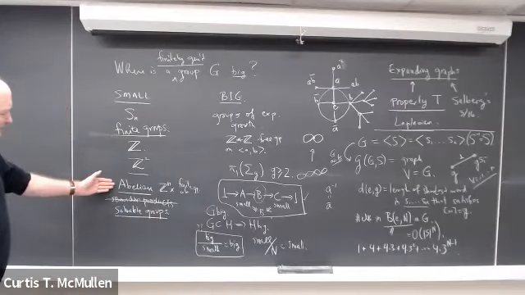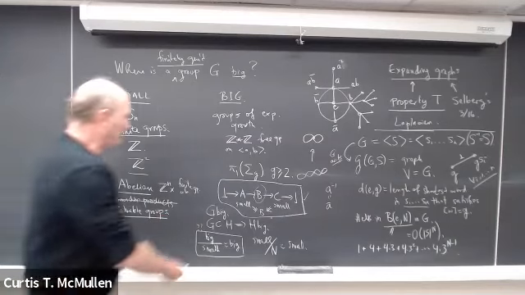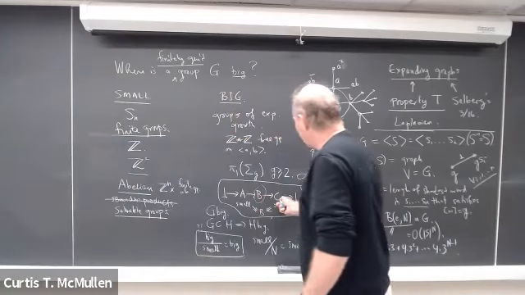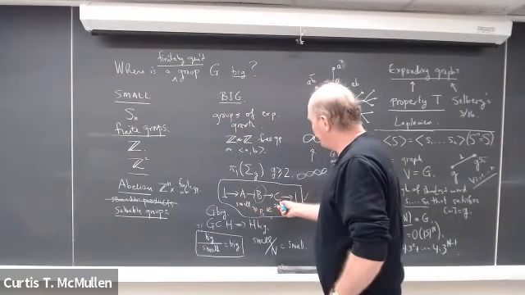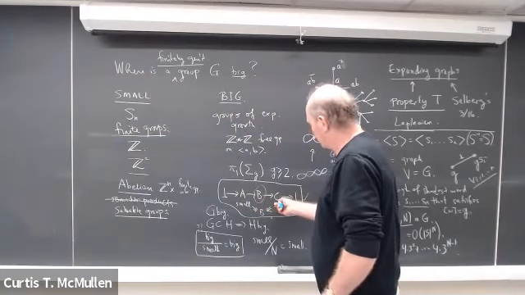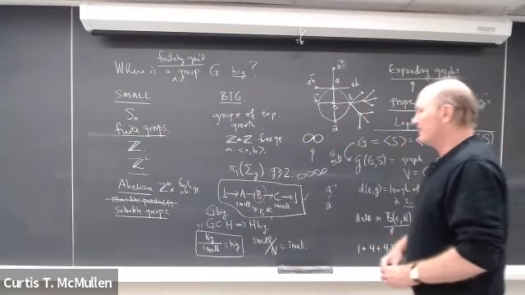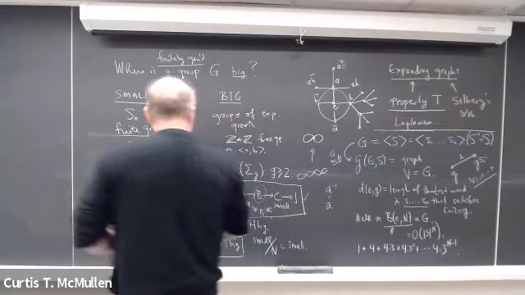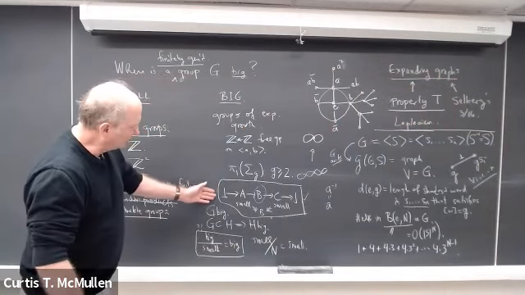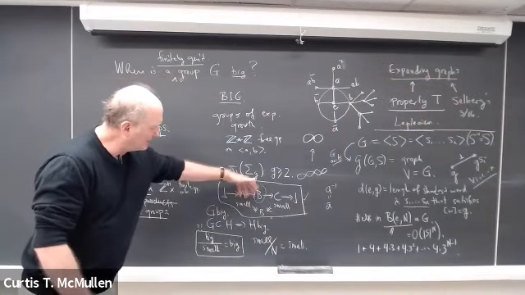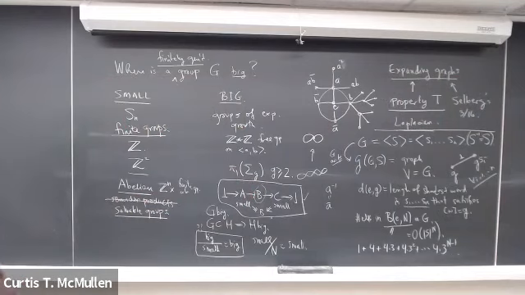Because if abelian groups are small, well, every solvable group can be put into an exact sequence of smaller solvable groups until you eventually get down to an abelian group. So the smallest category of groups that includes the abelian groups and is closed under the formation of these B's is in fact the solvable groups.